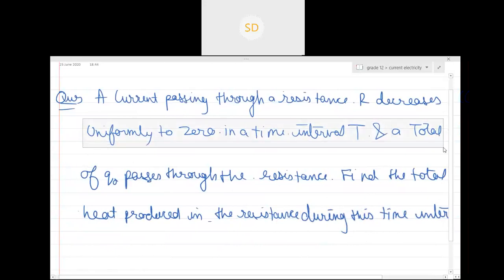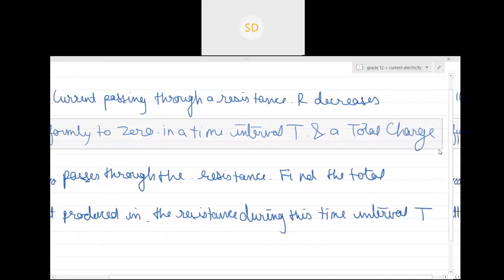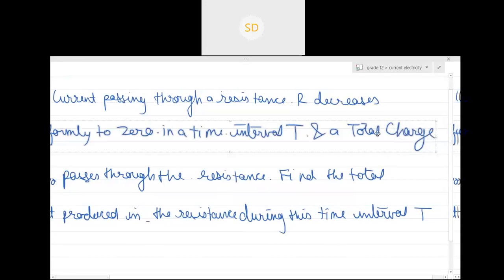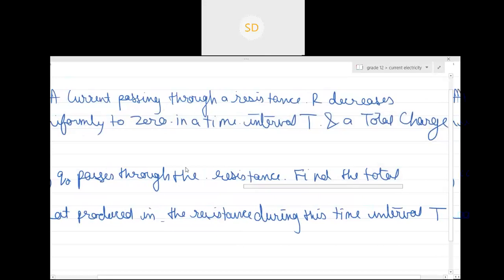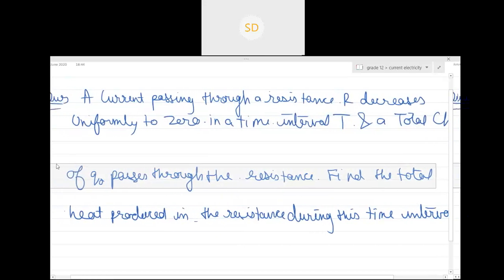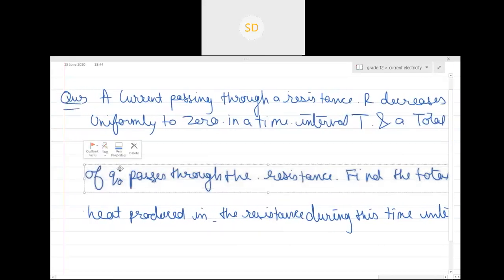Yes, guys, please solve it. Have you written the question?